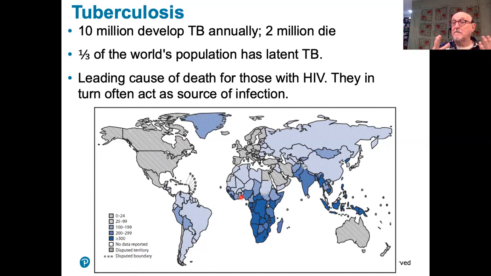They release a tremendous amount of bacterium because their immune systems are not fighting it at all. And the two plagues together, HIV and TB, are very much tied to one another, unfortunately, and have resulted in mass mortalities, especially in Southern Africa, but in India and the Far East as well.